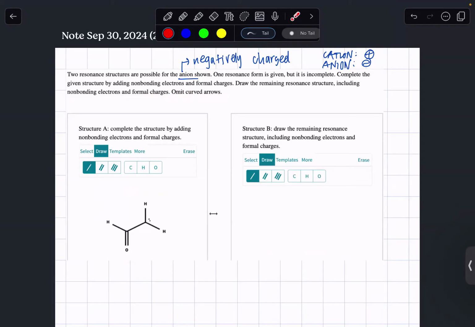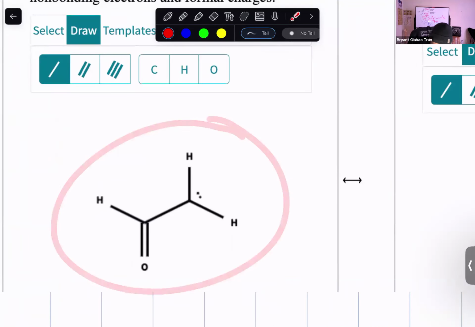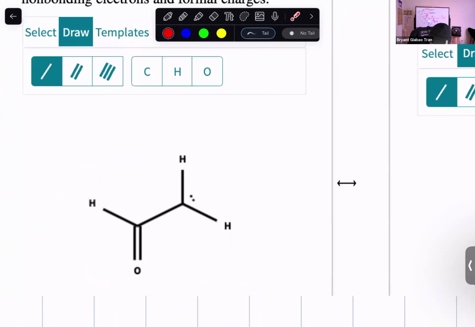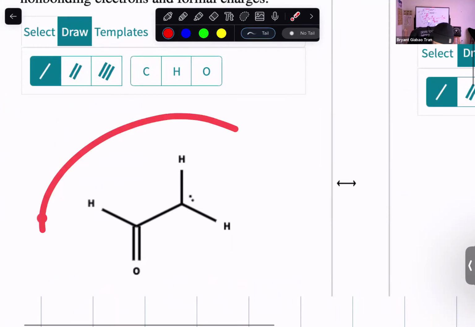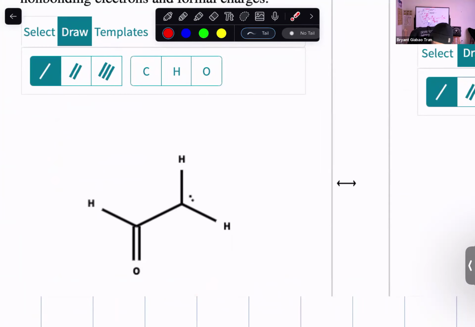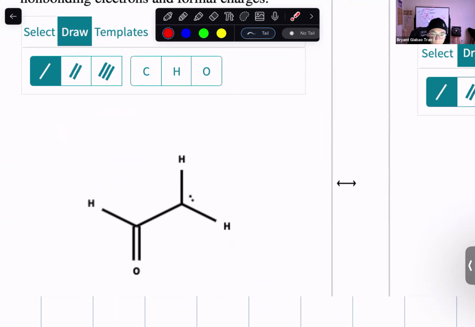So this is an incomplete resonance structure right here. Which atom of this whole molecule do you think is missing something? The oxygen.